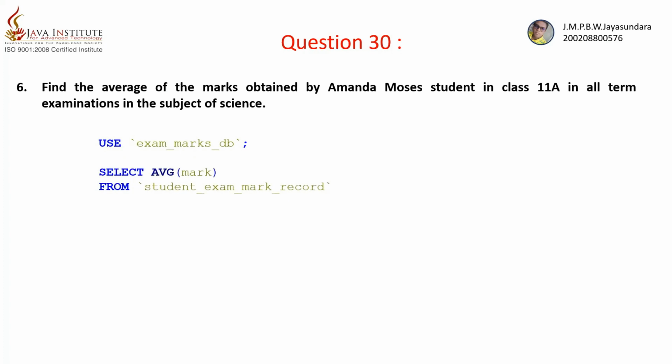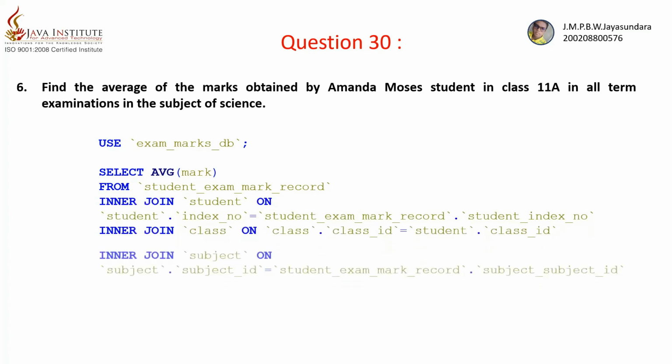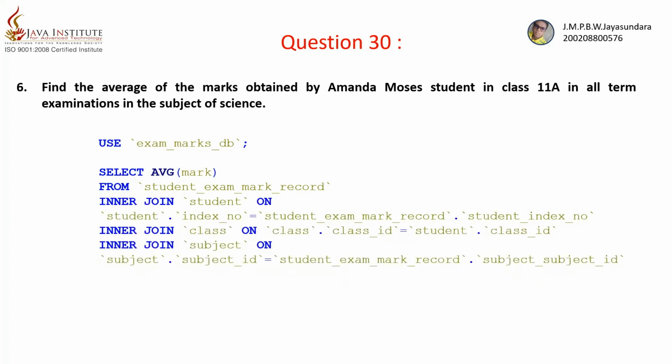After that we have taken the search query as select average of the marks column from the student exam mark record table, and then we have joined the student table using the student table's index number column and the student exam mark record table's student index number column. Then we have joined the class table using the class table's class id column and the student table's class id column. Then we have joined the subject table using the subject table's subject id column and the student exam mark record table's subject id column.